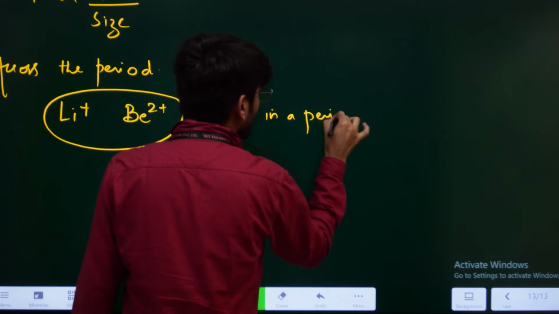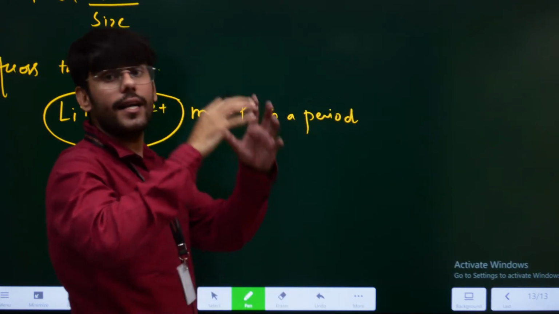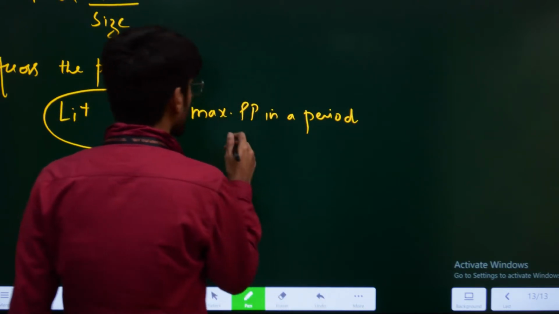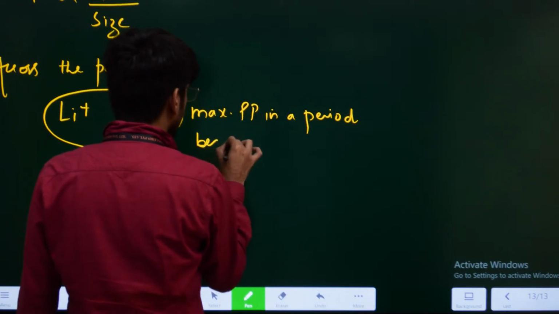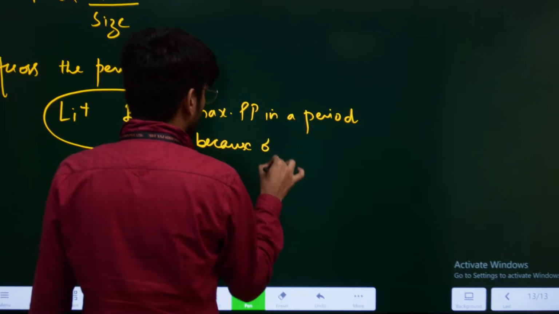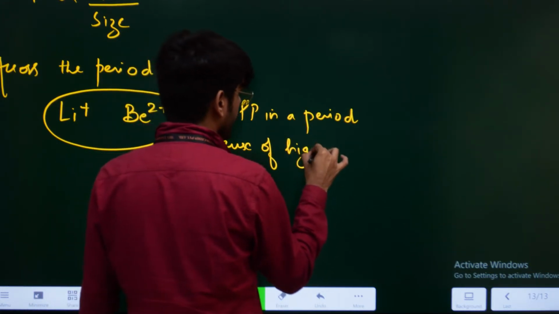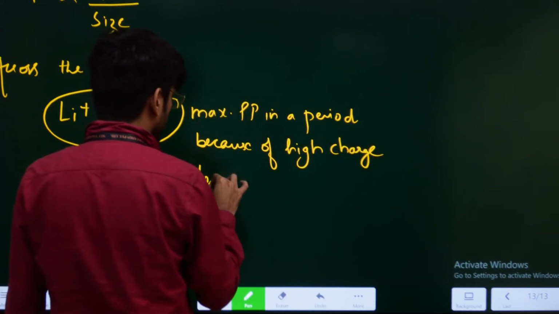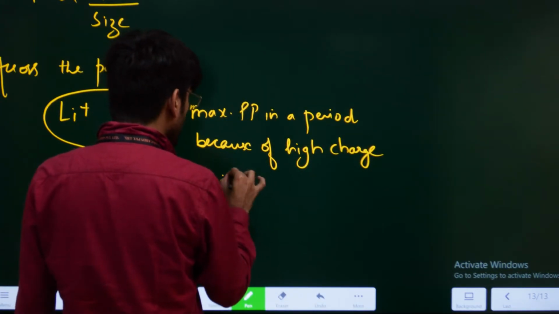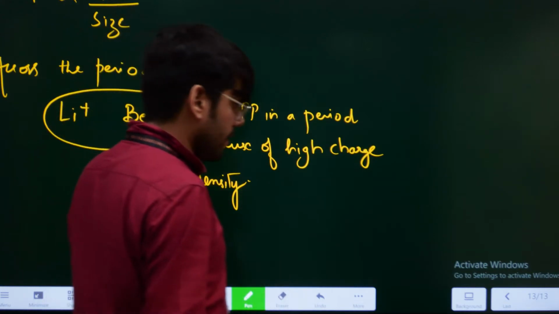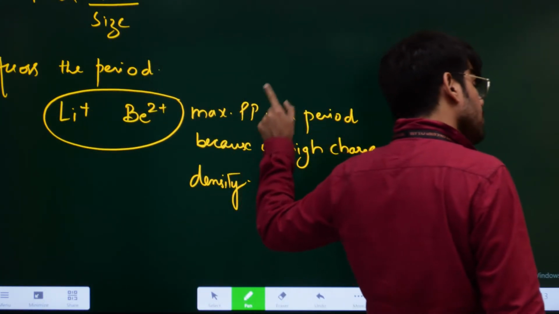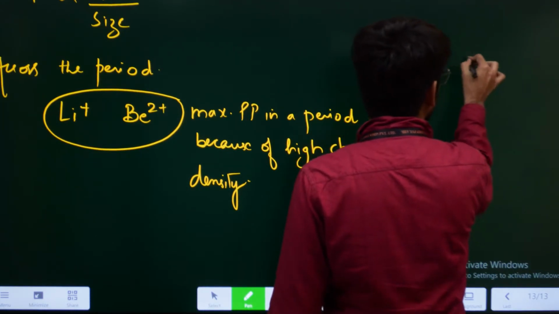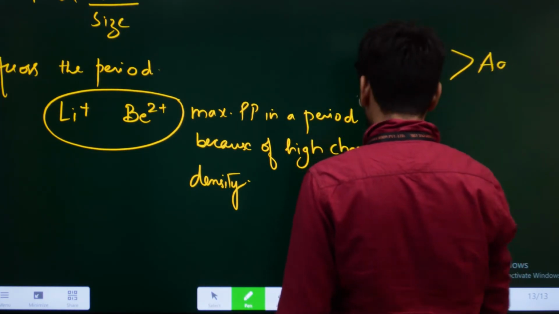You know why? Because of their small size and high charge density. With small size, they have high charge density also. Because of high charge density, and you won't believe that although lithium plus has the noble gas configuration, it has more polarizing power than Cu plus.